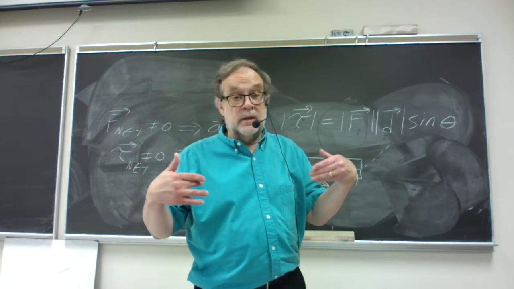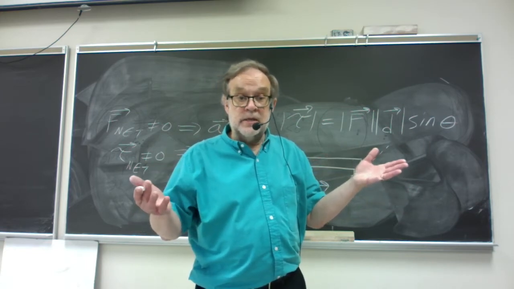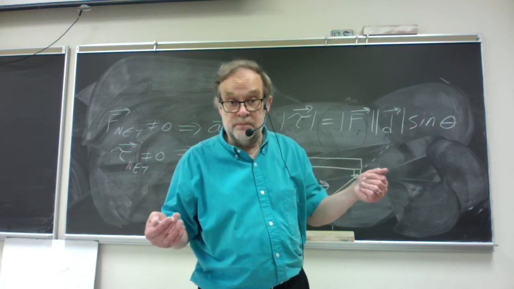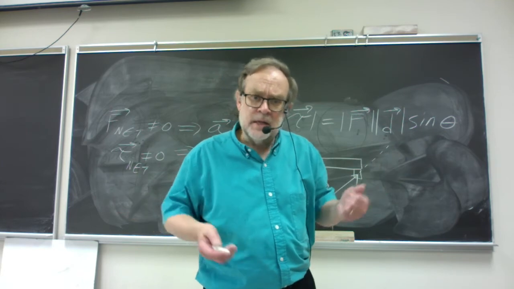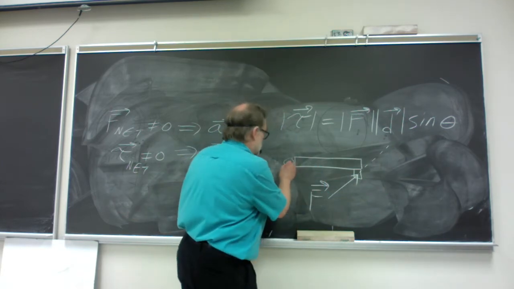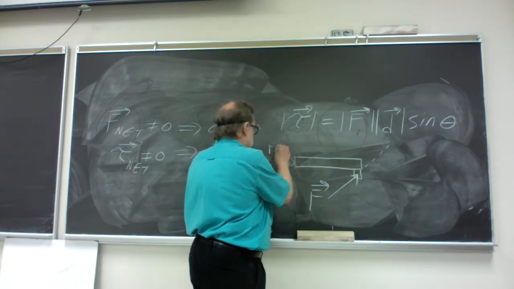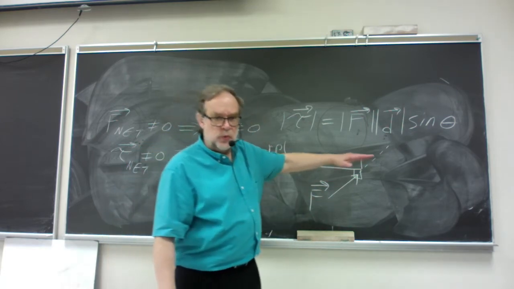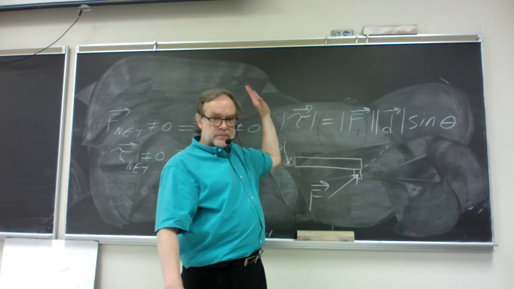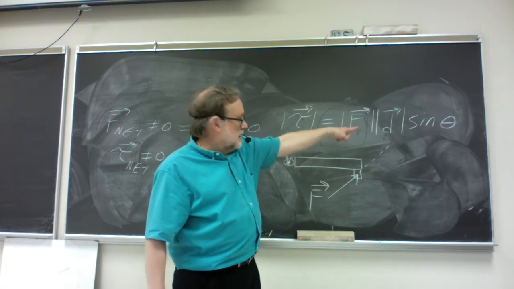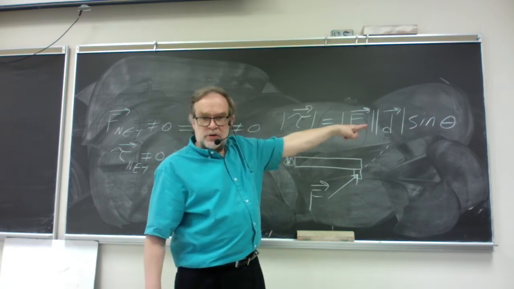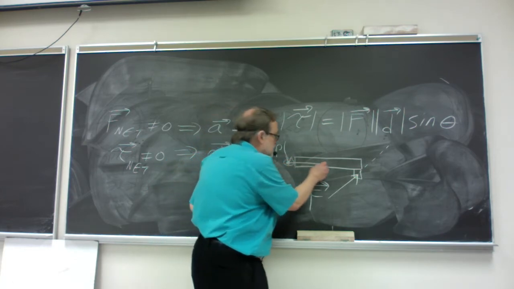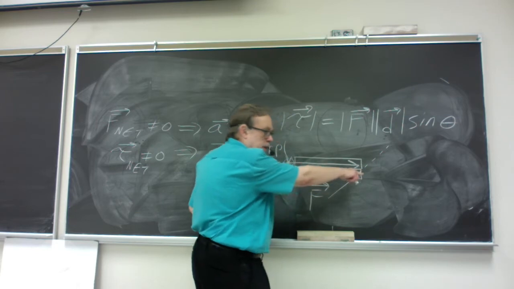It's simplest and easiest to understand if you put the reference point at the axis of rotation, usually. So let's do that and see what happens. So reference point right here at the hinge, which is going to be the axis of rotation when the door starts opening. And then that displacement vector is a displacement that takes you directly from the reference point to the point where the force is applied.